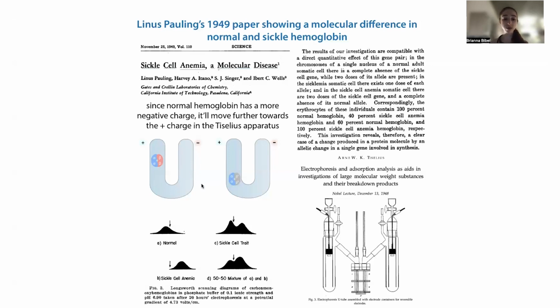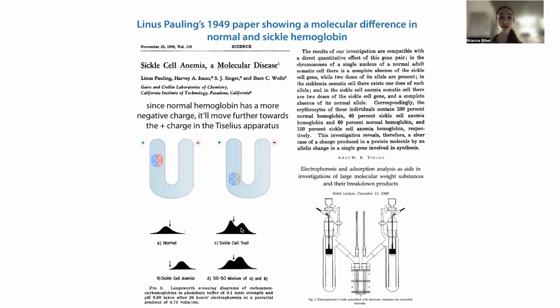He was able to see this when he looked at the results. In the normal, you're closer to the positive. In sickle cell, you're closer to the negative. And in the case of the trait, remember that's where you have one normal copy and one abnormal copy, you saw a split where you saw some of both populations.